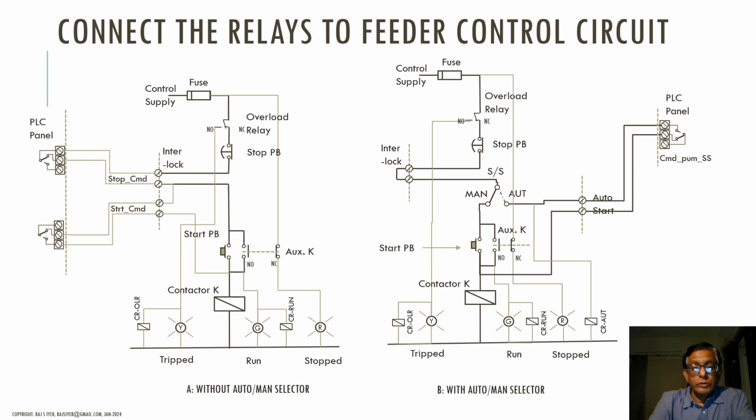Now we proceed to see how the MCC control circuit is modified so that we can deploy the relays for input signals for the PLC, and also how the potential free contacts of the PLC's output relays are wired into the control circuit.